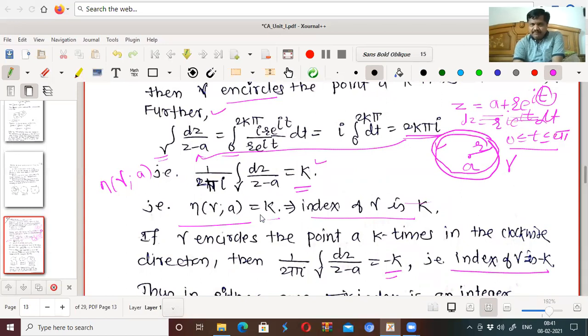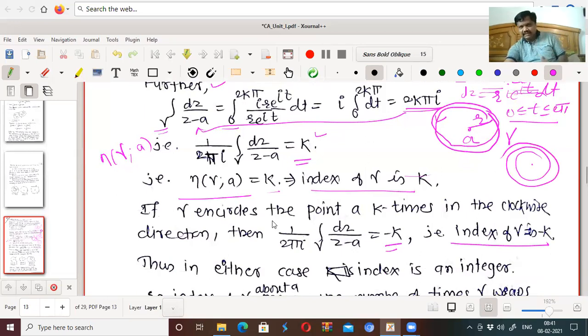So simply, what is meant by the winding number of gamma about a? The winding number of gamma about a is nothing but the number of times gamma revolves about that point. This is the index or winding number of gamma about any point.